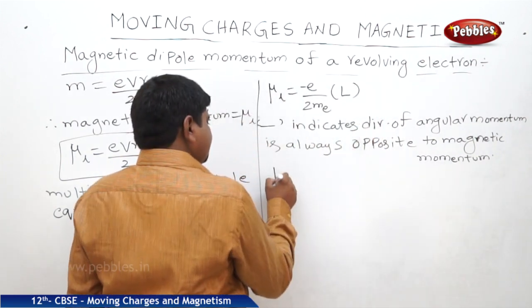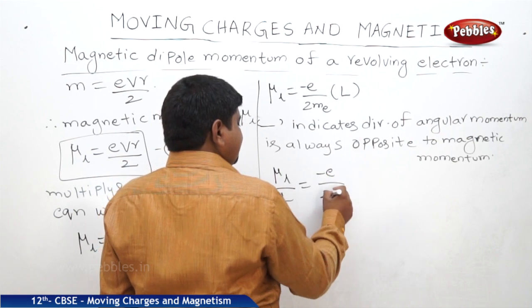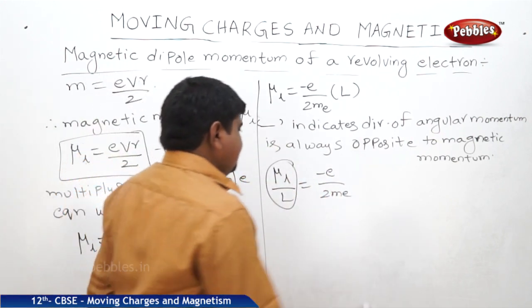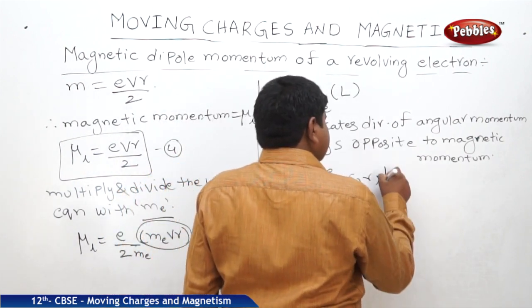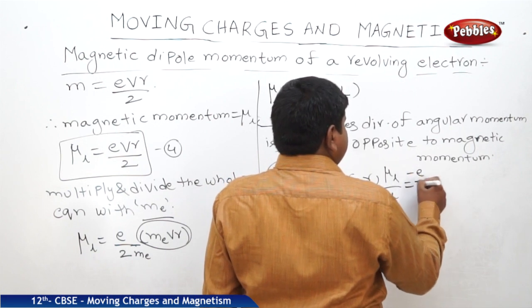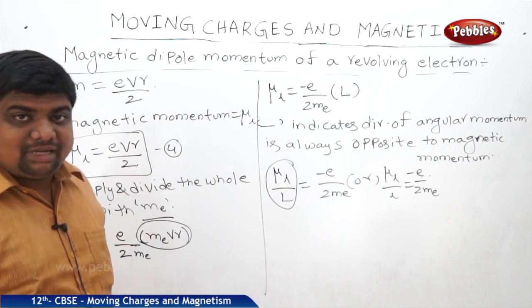So we got mu L by L is equal to minus e by 2m_e. This is the mu L by L ratio, where e is equal to charge of electron, m_e is equal to mass of electron.